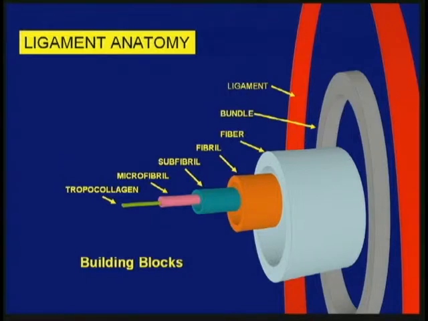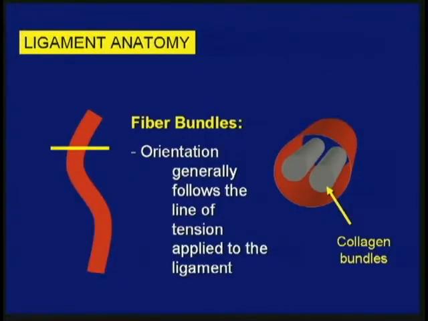So if we look at the general appearance of the collagen bundles in a ligament, the ligament in red, the collagen bundles in gray, the major collagen bundles within a ligament exist along the lines of tension, and hence they are oriented along the long axis of the ligament, ideally suited to resist tensile force applied to that ligament.